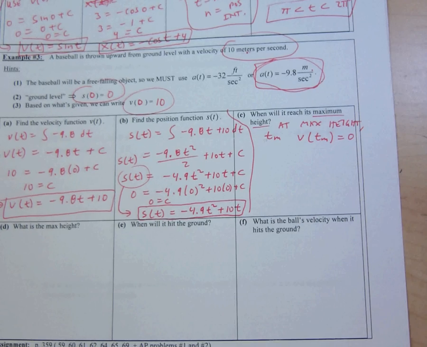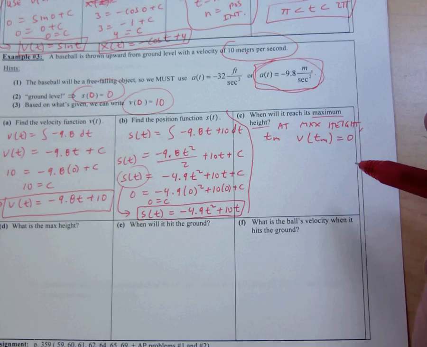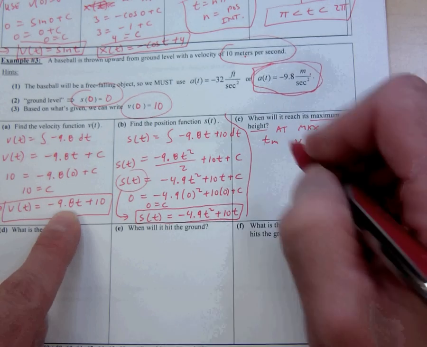And so, aren't I trying to find that t sub m? Aren't I? Okay, so this is what I'm going to do. I'm going to take the velocity function, which is this, and set it equal to 0.